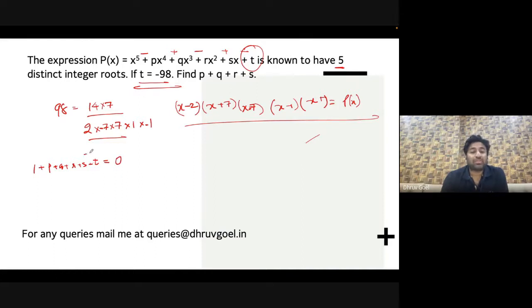The value of t is minus 98. So 1 plus p plus q plus r plus s minus 98 is 0, so p plus q plus r plus s comes out to be 97. This is what I have to find out. It should be equal to 97. That should be my answer.